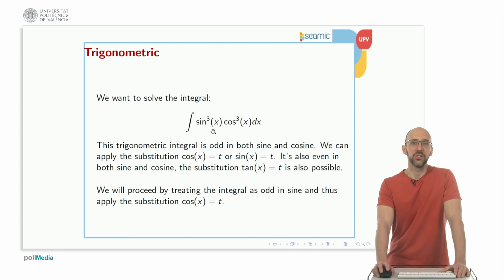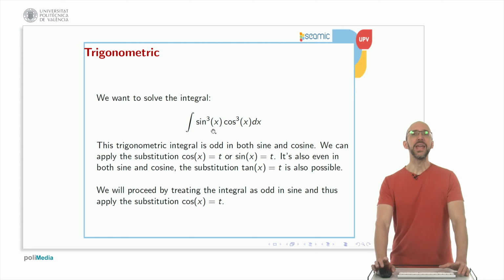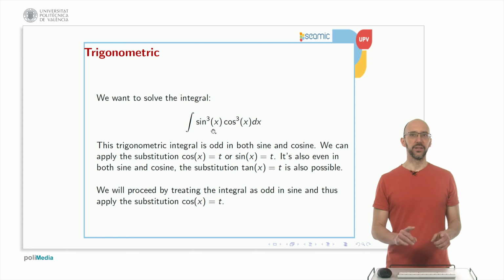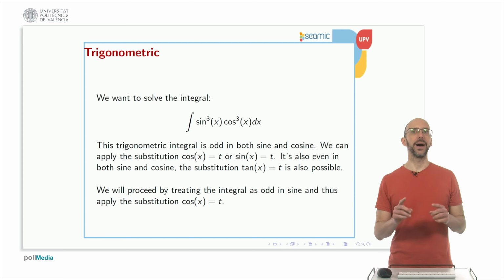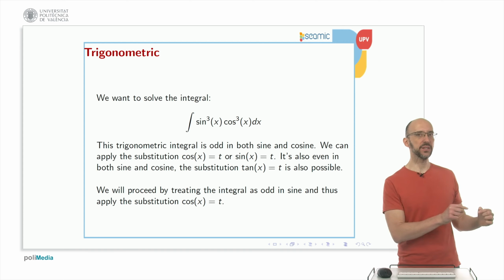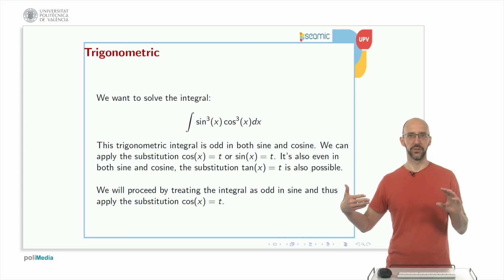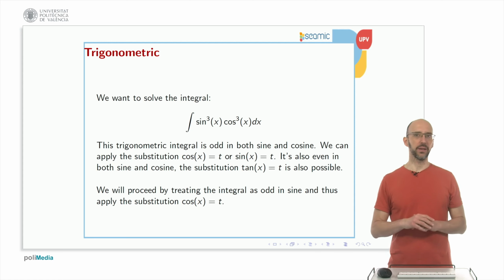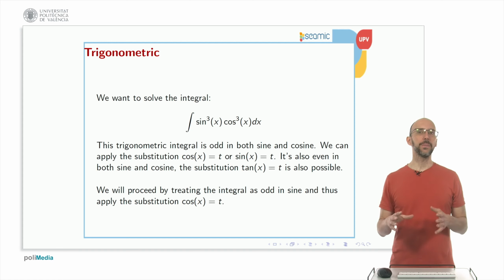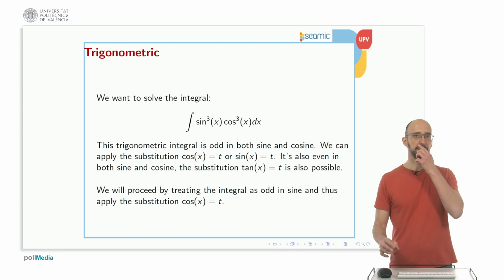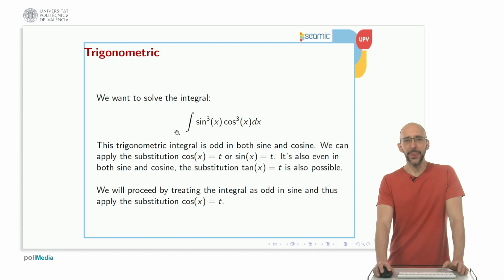Remember that a function is odd in sine if we change sine of x by negative sine of x, and the negative can be taken out from the function, can be just separated. It's not an easy idea. But if you manage to recognize when a function is odd in sine or not, it's going to be helpful. The idea is the following.